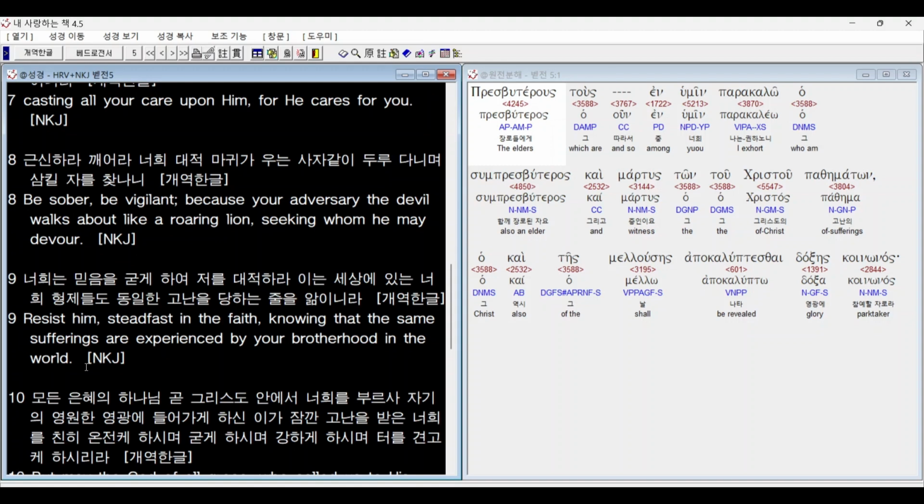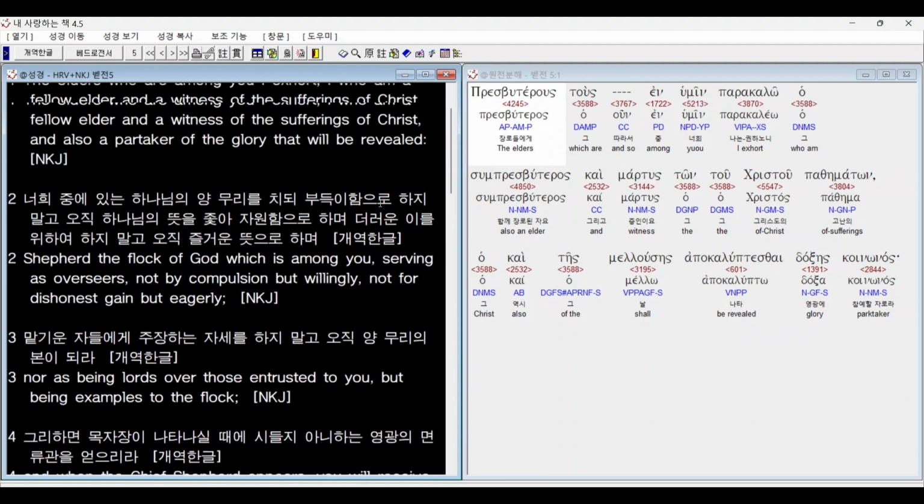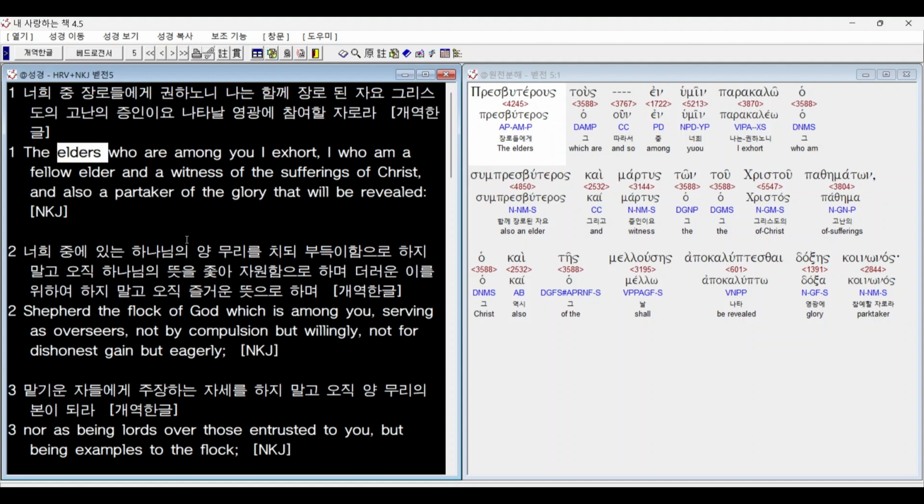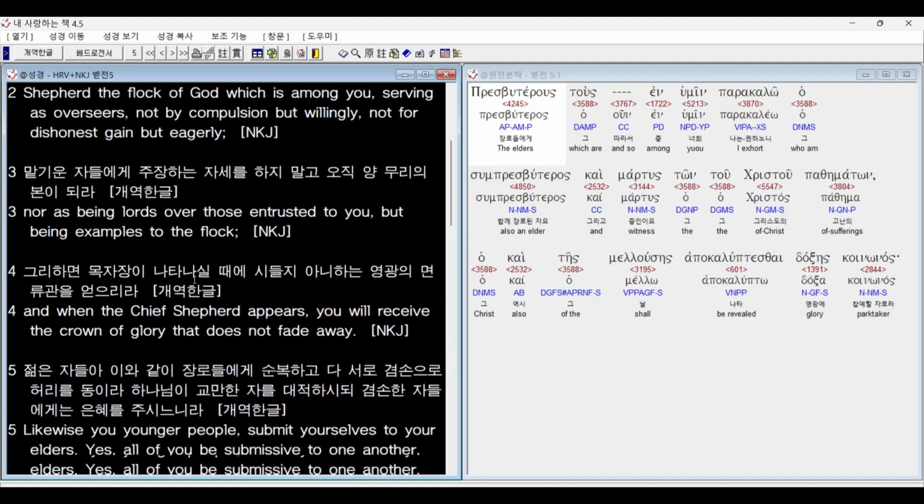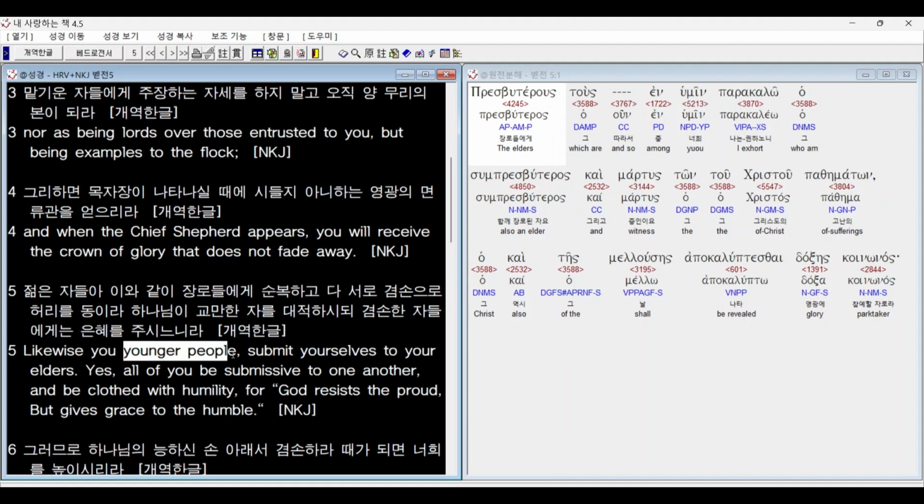This is the spiritual warfare that is happening inside me, that also happens externally when I am preaching the gospel of peace. In order for you to resist and stand steadfast in the faith against the adversary and devil, you have to become what? Elders, growing from the youth, younger people.